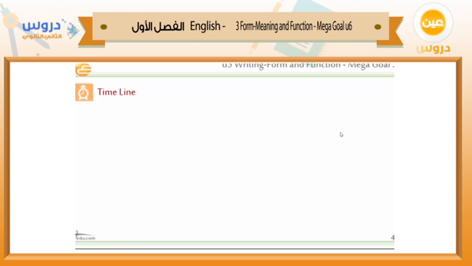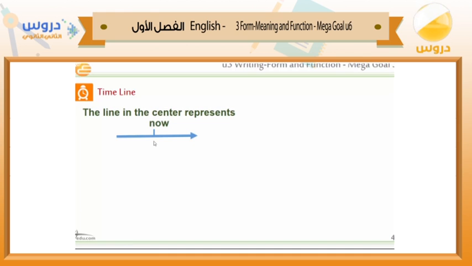So, this is the timeline, and this line in the center represents now. Now, if you see this timeline and the X before this line in the center, what does it represent?